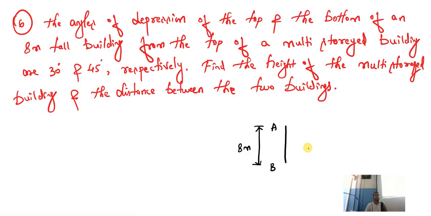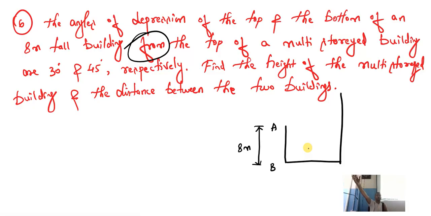Please understand the question here carefully. The angle of depression of the top and bottom of an 8-meter tall building from... what is the meaning of from? It is not happening from here. It is happening from a multi-storied building in front of that 8-meter tall building.